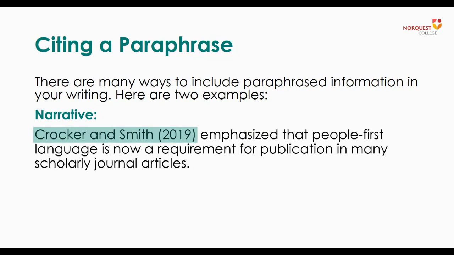When I say narrative, it means I'm talking about the author. In this case, I would put Crocker and Smith, 2019, emphasized, and then in my own words, what did they emphasize? What did they talk about in that part of that article? This is one method you can use, talking about the author and what they said.